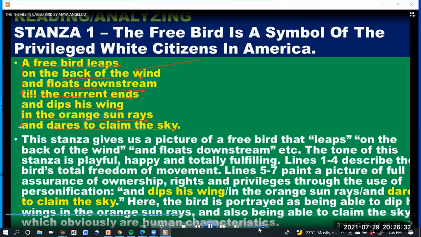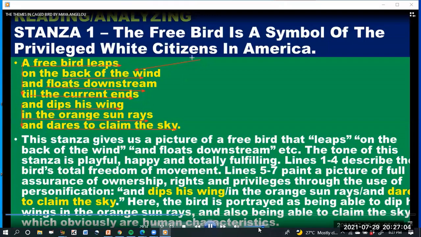Now, this gives us a picture of the white American, who enjoyed all the citizenship rights and had free access to all the good things available to American citizens. And that is the situation of the free bird here. This free bird can fly in the sky with all the freedom it desires and deserves.